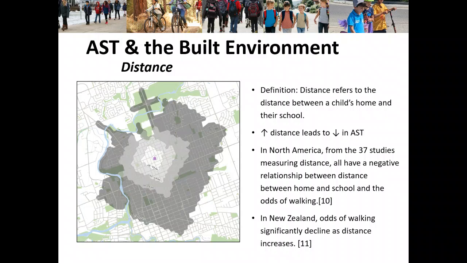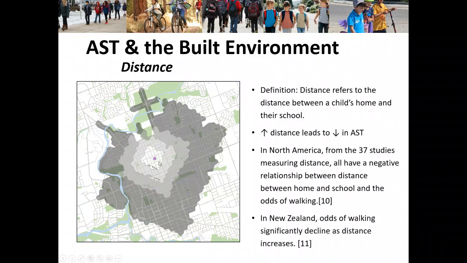So here I just have a map of a school in an urban area of London, and you can see the distances on pedestrian networks. This includes both streets and pathways that someone can walk to the school, based on a 3.2 kilometer buffer on the outside, so think high school walking distance, then 1.6, 1 kilometer, and then 500 meters.